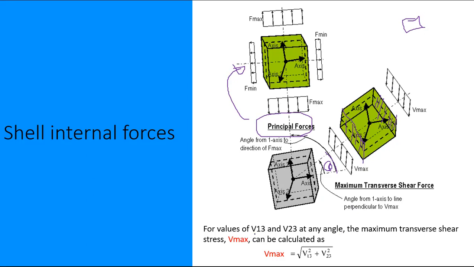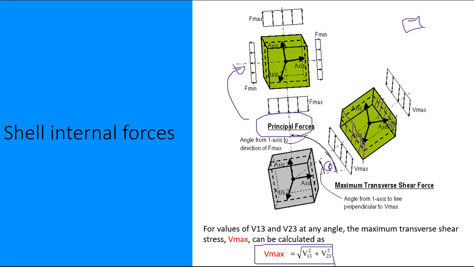Any angle you take, V13 and V23, plug into this equation, and that will give you Vmax. So this will give you the principal forces at such rotation of the element.